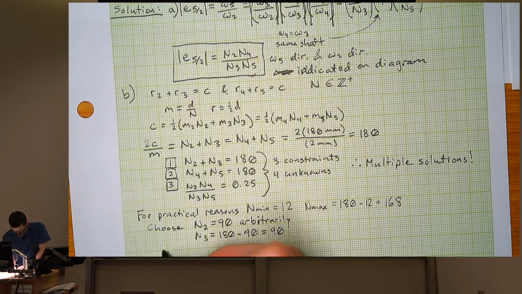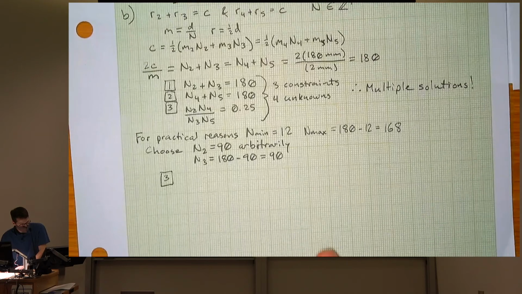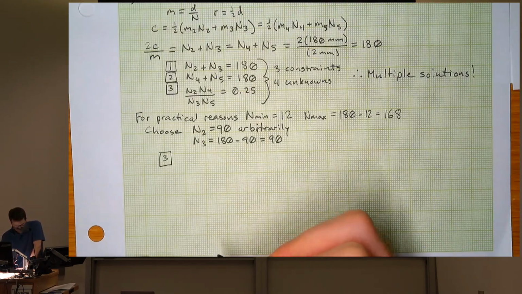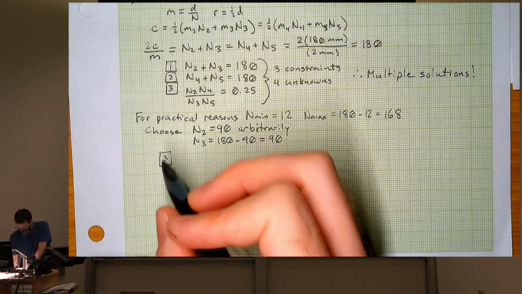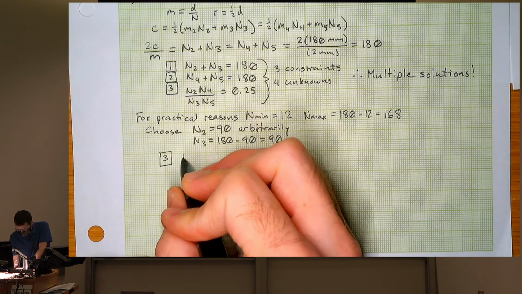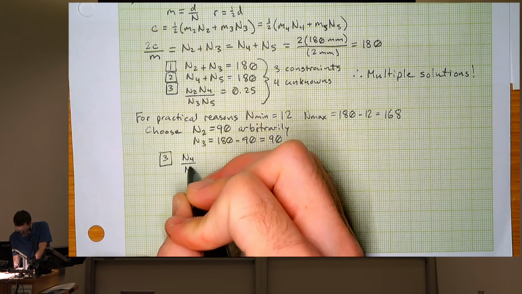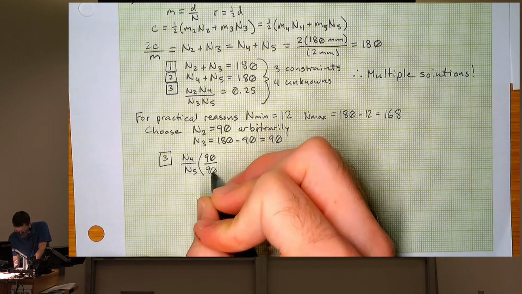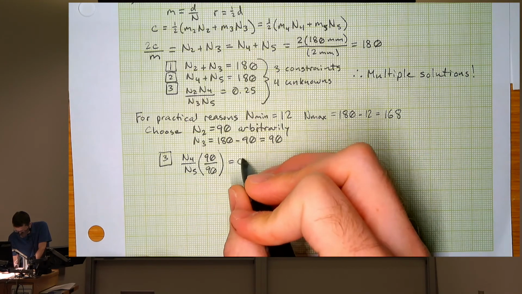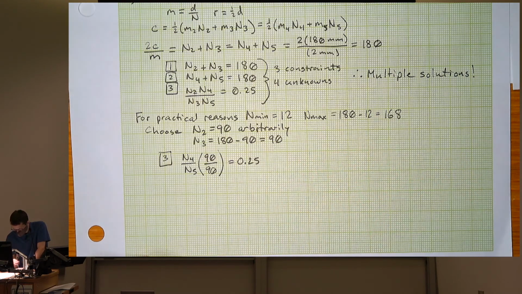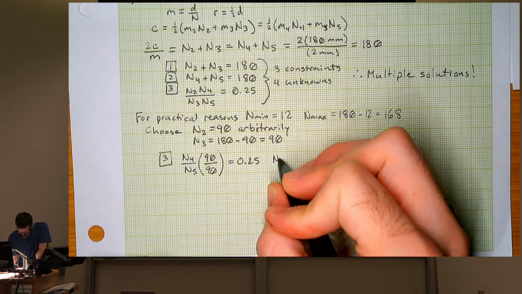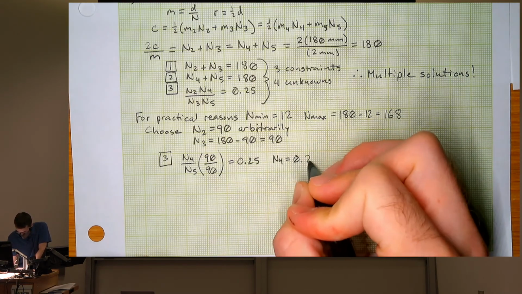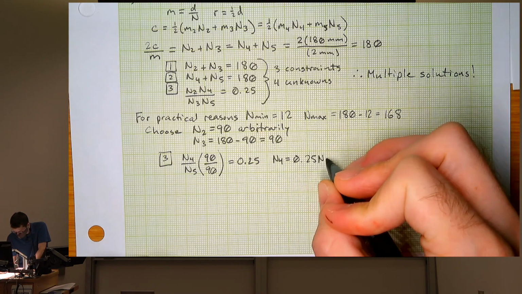So this is equation 3. We can insert these values for N2 and N3 into equation 3, and we get N4 over N5 times 90 over 90 is equal to 0.25. So that tells us that N4 is equal to 0.25 times N5.